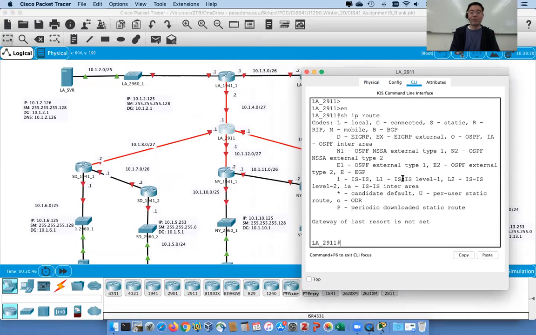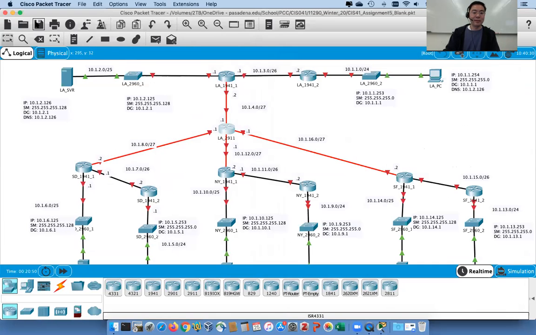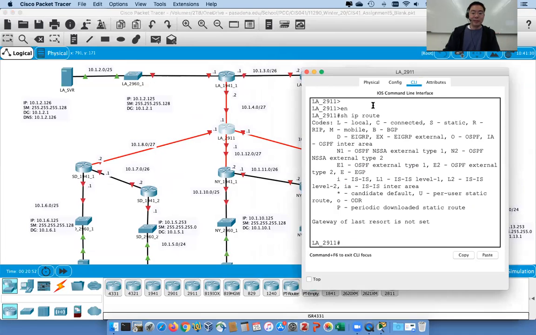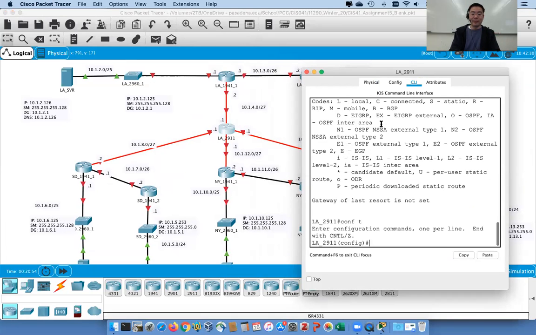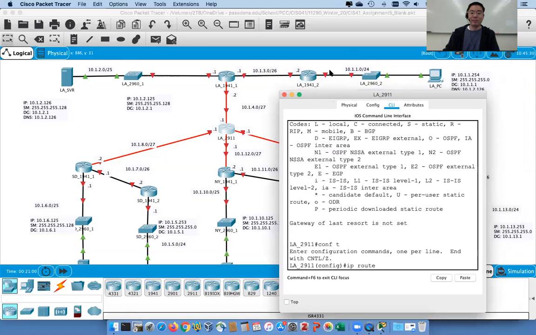Right, so for something like this, if we were going to do IP route for the /24, we're going to need to go up to this next neighbor.